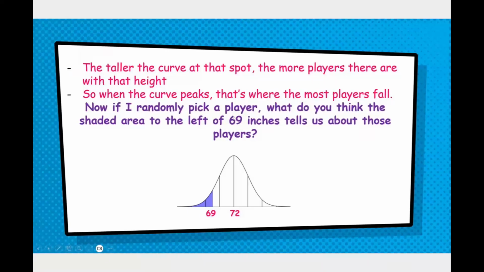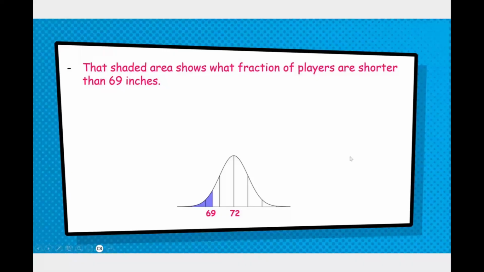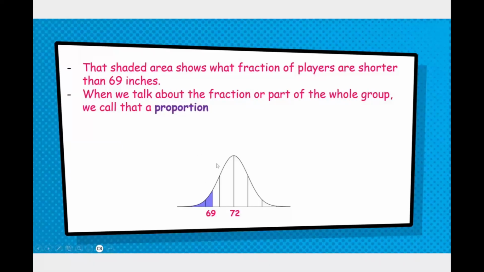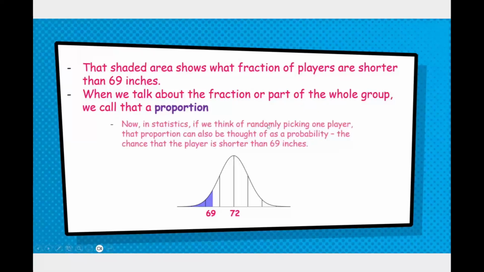Now, if I randomly pick a player, what do you think the shaded area to the left of 69 inches tells us about those specific players? That shaded area shows what fraction of players should be shorter than 69 inches. And that's what we're going to get at today. When we talk about the fraction or part of the whole group, we call that a proportion.